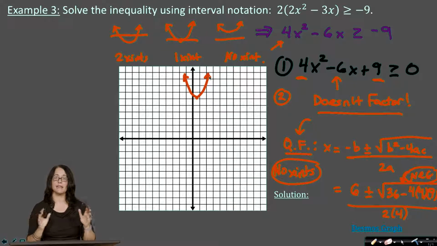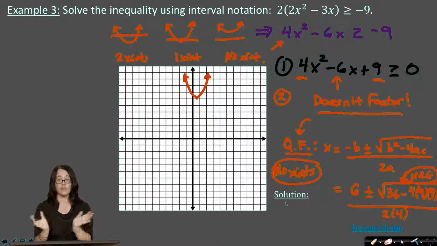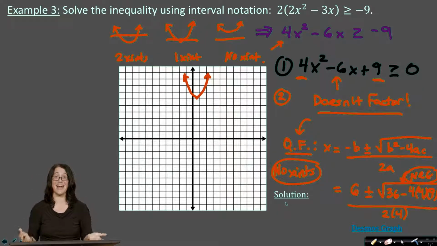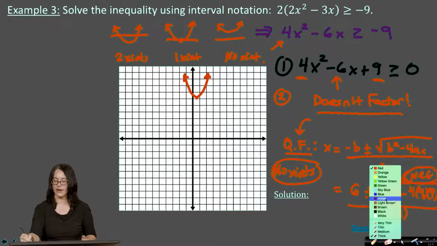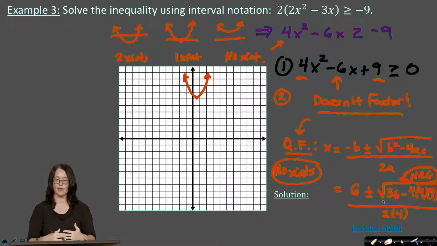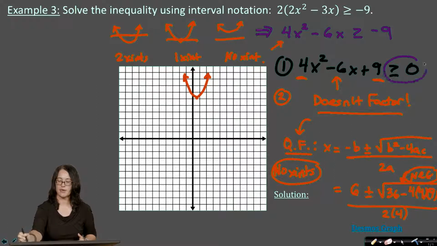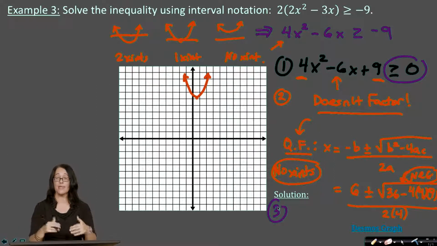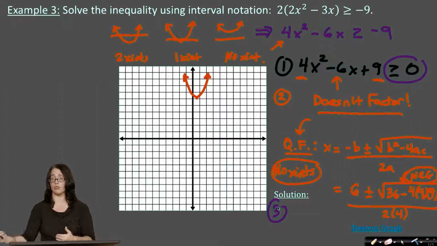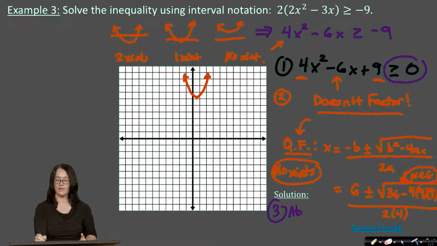So once you have an idea of the fact that there are no x-intercepts and the graph opened up, that must be saying that your graph is always above the x-axis. So now we can answer the question once we understand where the graph is, right? It's always above the x-axis. Okay. The question was, in step 3 here, when is my function greater than or equal to 0? In other words, when is my function above or on my x-axis?